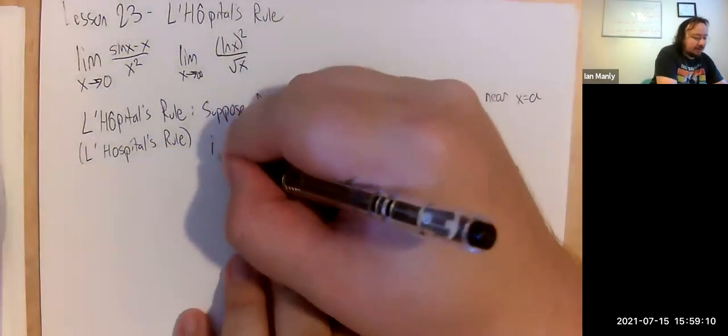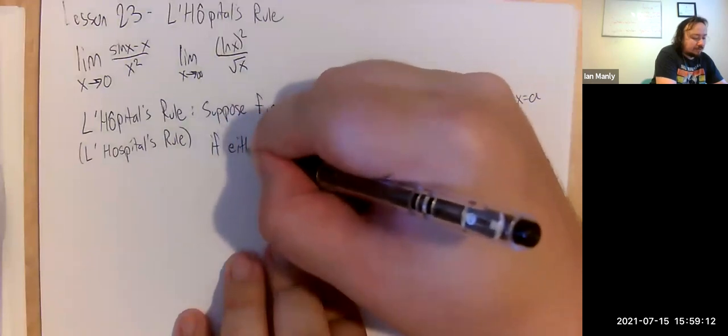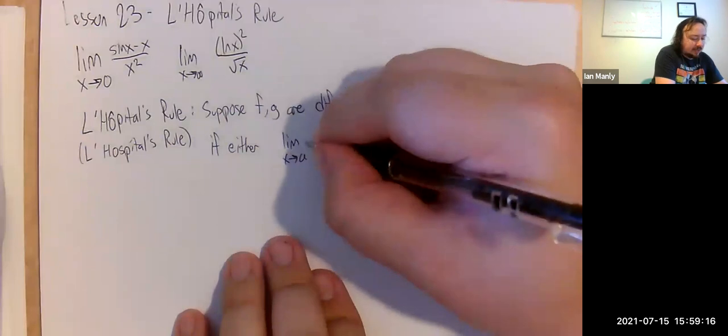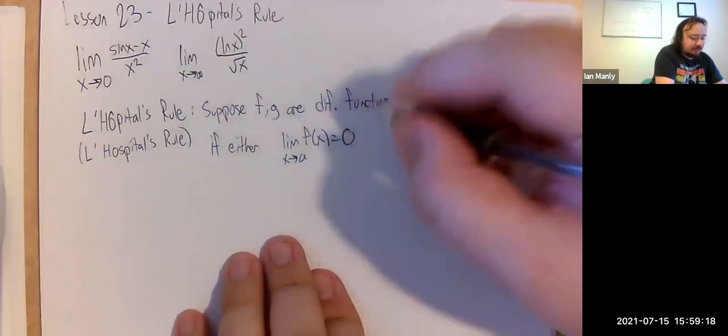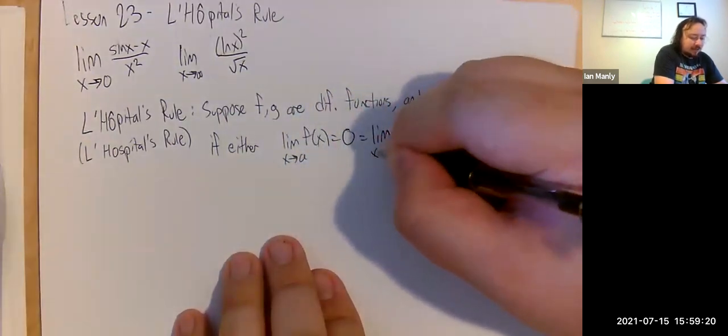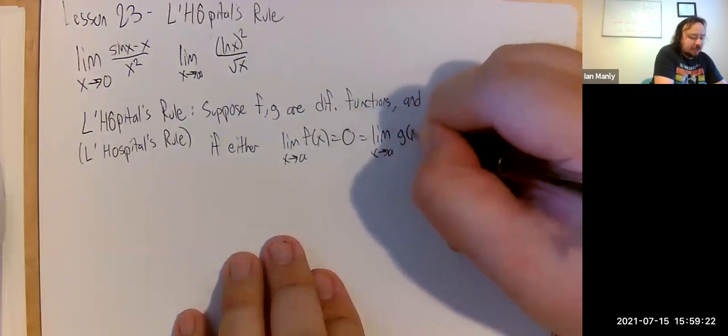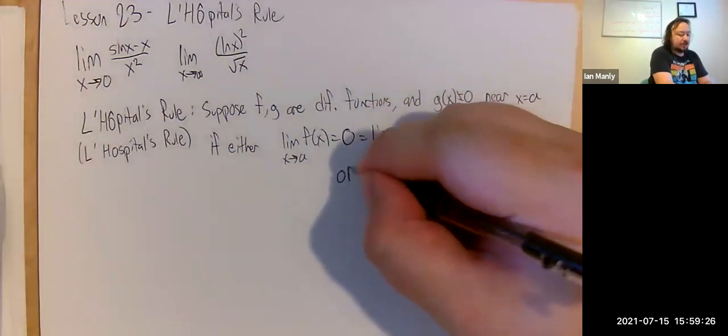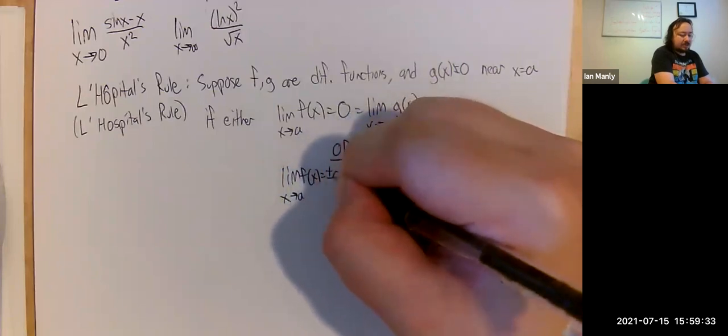So if either of the following things are true: the limit as x goes to a of f of x equals 0, and the limit as x goes to a of g of x also equals 0. So that's one situation. Or the limits instead both go to some sort of infinity.